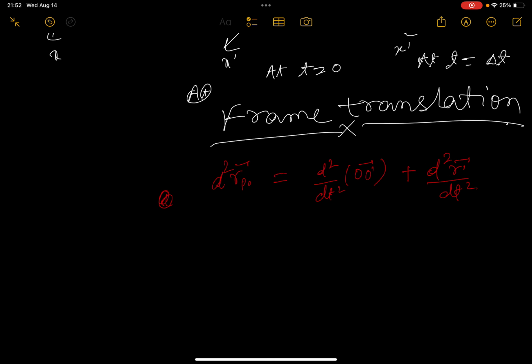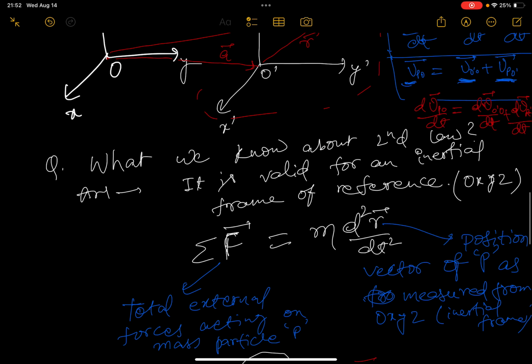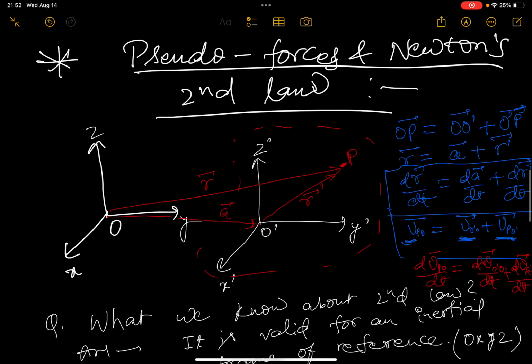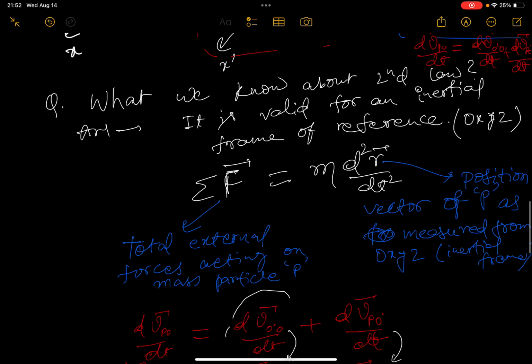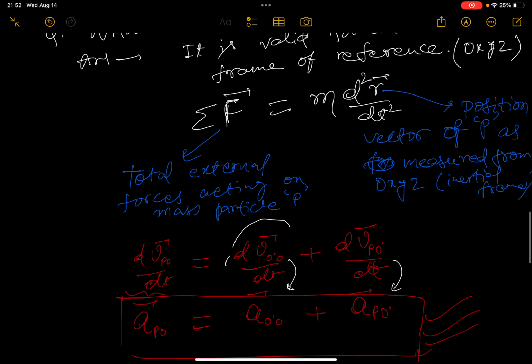So eventually we will use this equation and substitute in our earlier equation of Newton's second law. Since Newton's second law is valid only for an inertial frame of reference, we will use that equation into this one.